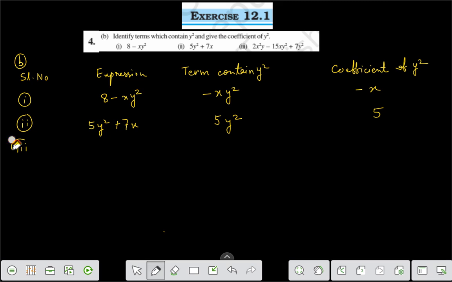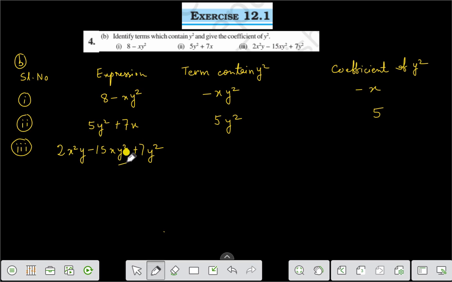Now question number 3 is 2x square y minus 15 xy square plus 7y square.